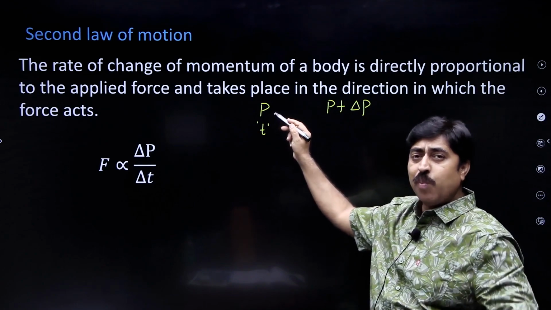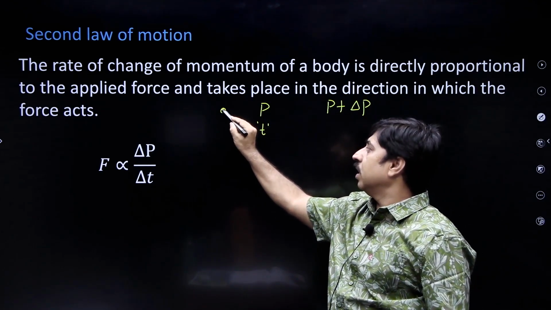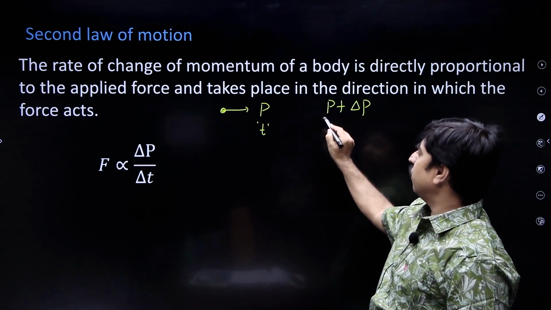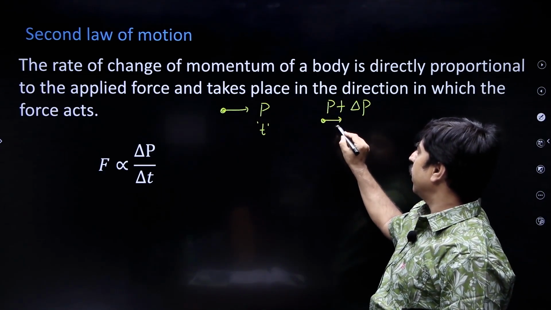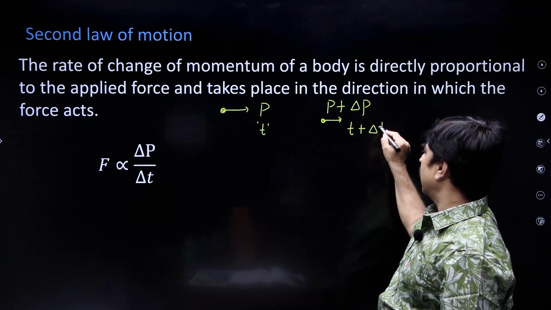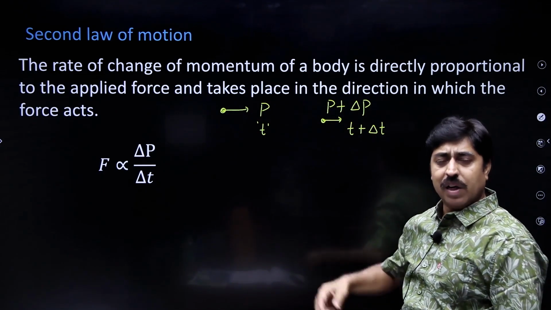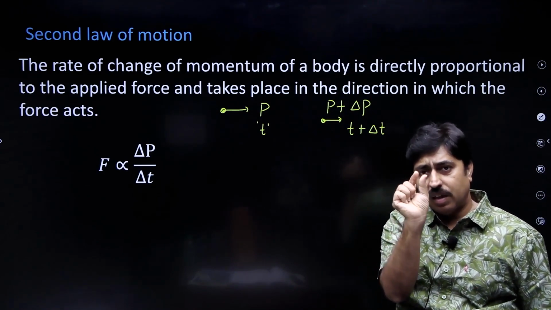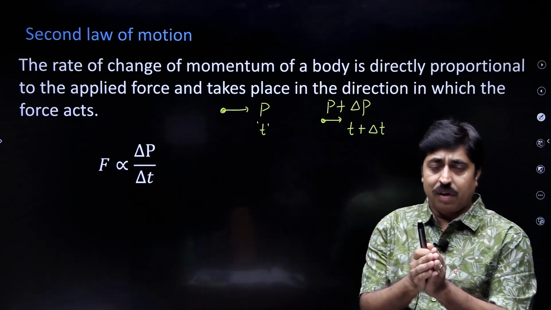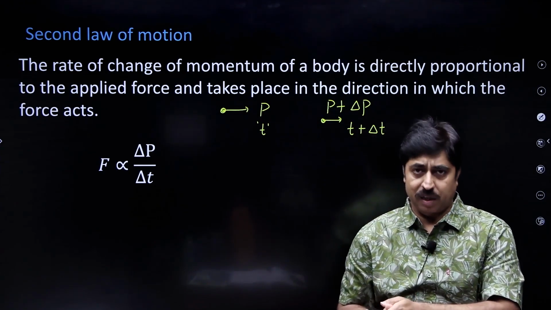So at time t, the momentum of a moving body is p. Because of some force applied to it, its momentum becomes p plus delta p at a time t plus delta t. So the time interval has changed by delta t. There is a small change in time delta t, and in that interval momentum has changed by delta p.